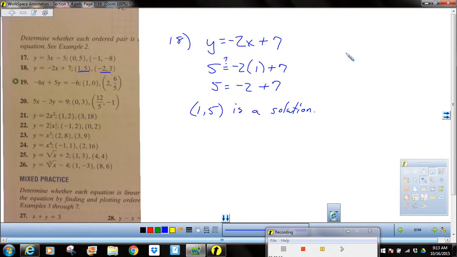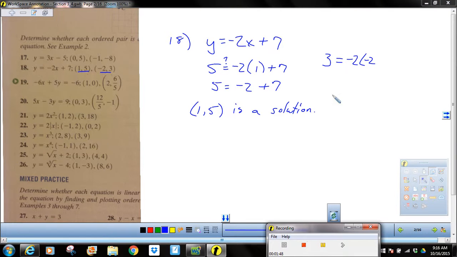Now we do the same thing with negative 2, 3. If I plug 3 in for y, I'll put a question mark because I don't know until I actually do the calculation.